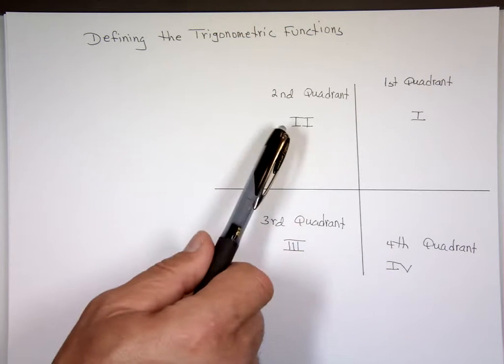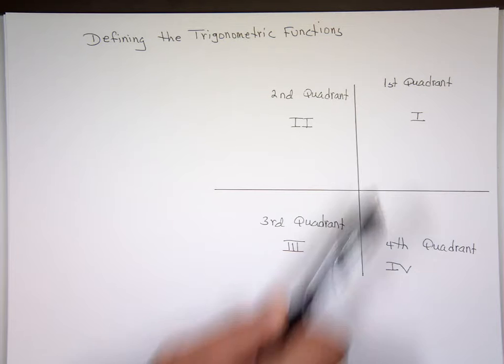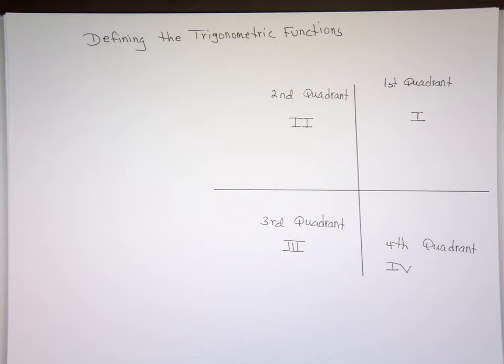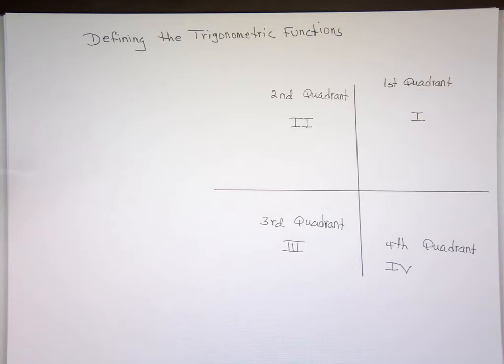Quadrant I, Quadrant II, Quadrant III, Quadrant IV. You'll never see them write 1, 2, 3, 4. They're always going to use these. So when you have an angle, we'll see which quadrant the angle happens to be in, and we'll go from there.